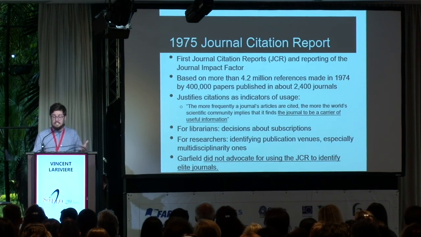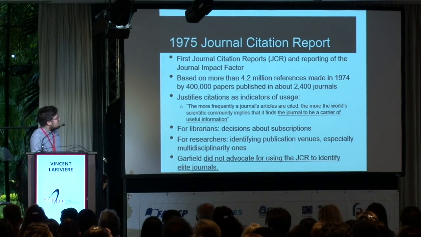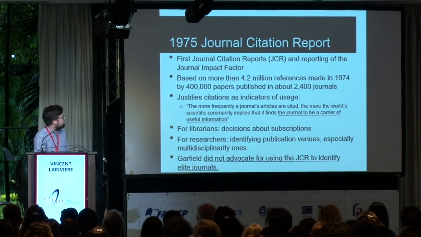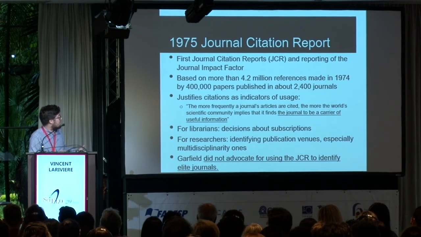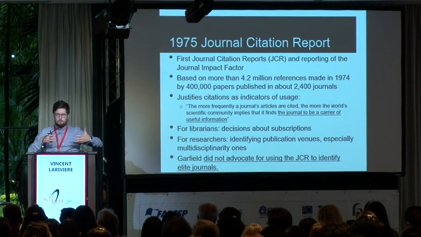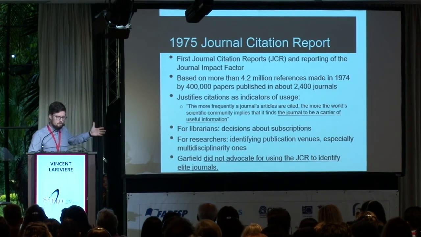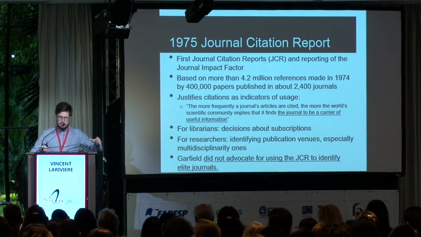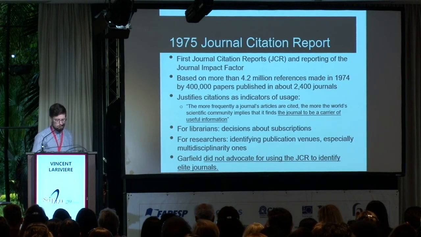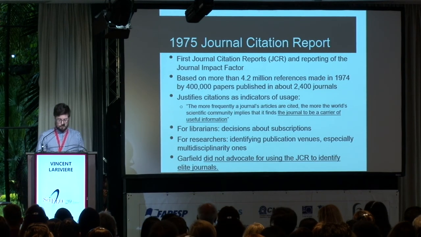He basically justifies citations as being an indicator of usage. He says, the more frequently a journal's articles are cited, the more the world scientific community implies that they find the journal to be a carrier of useful information. So it's clear that it's not to evaluate researchers, it's not to evaluate papers, it's to measure whether the journal carries useful information. And so he states that librarians could use that information for subscriptions.